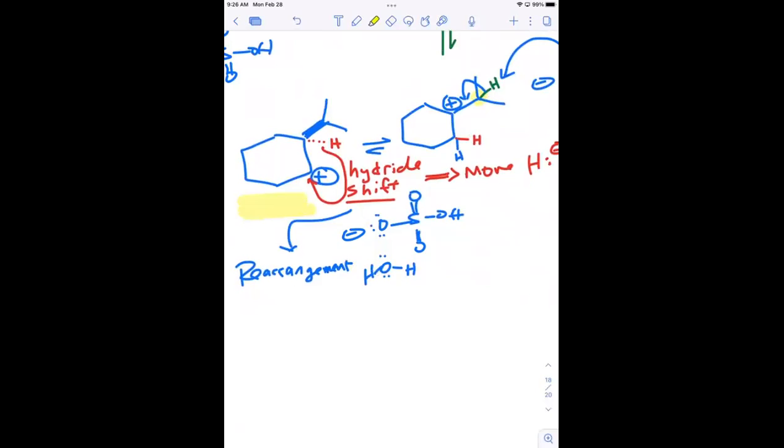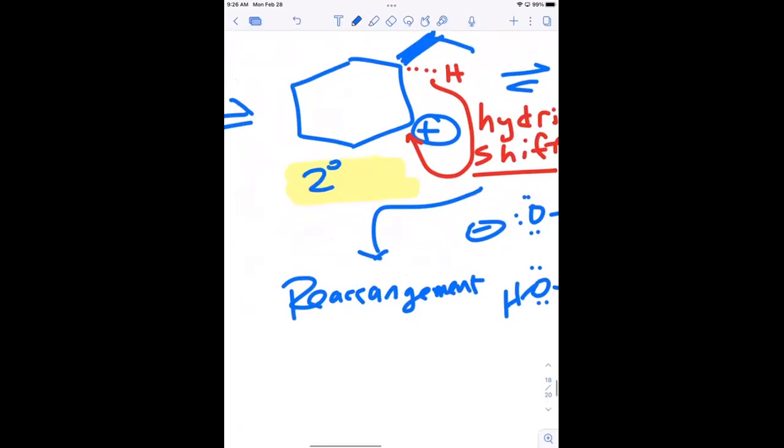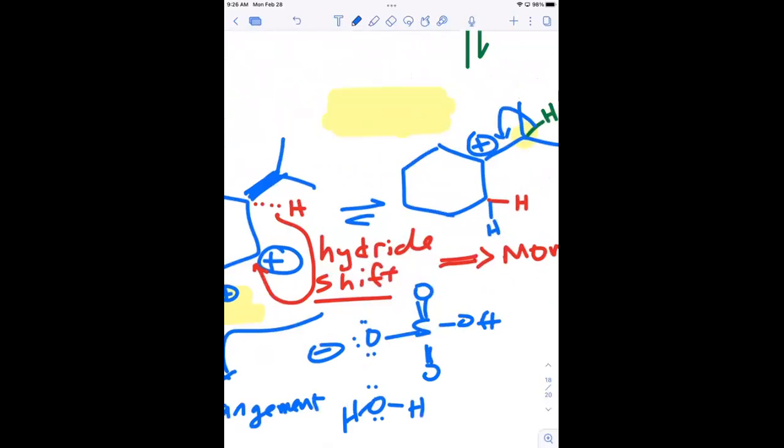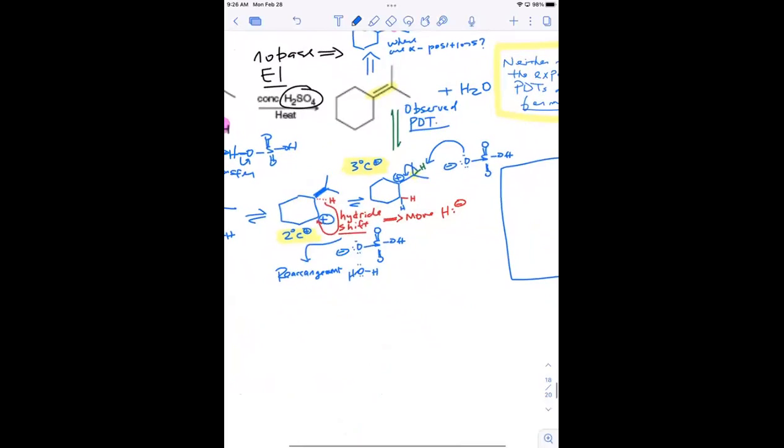What type of carbocation is that? Secondary. Good, excellent. It's a secondary carbocation. What type is this one up top? Tertiary. It's tertiary. Which one is more stable? The tertiary. So why do you think the rearrangement happened?